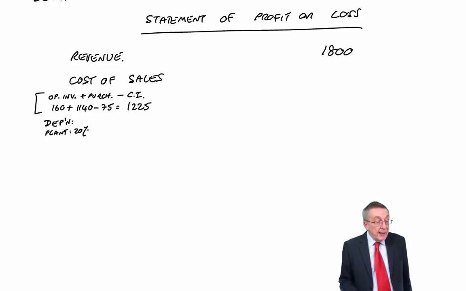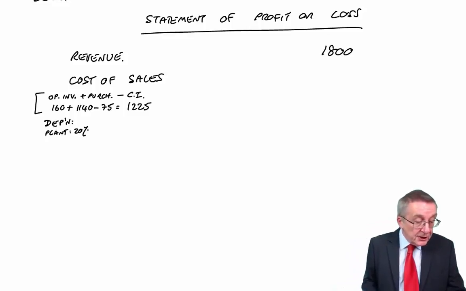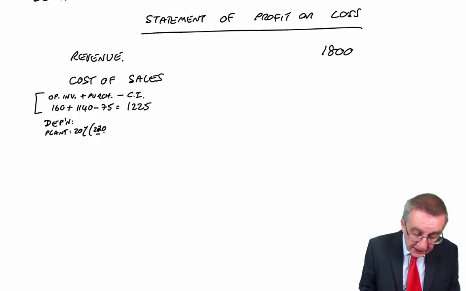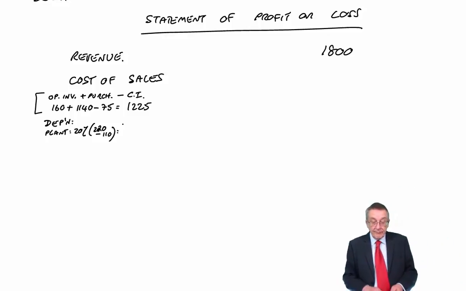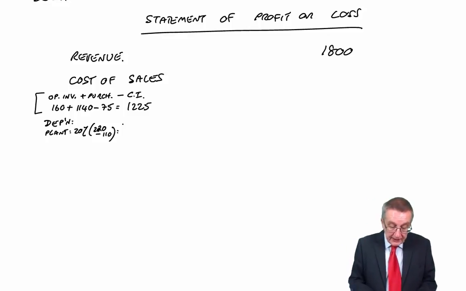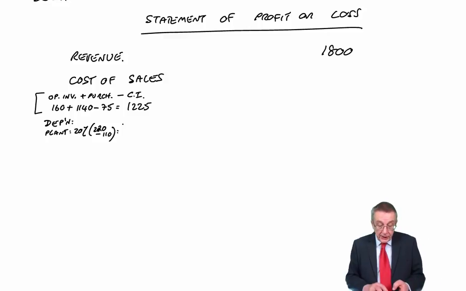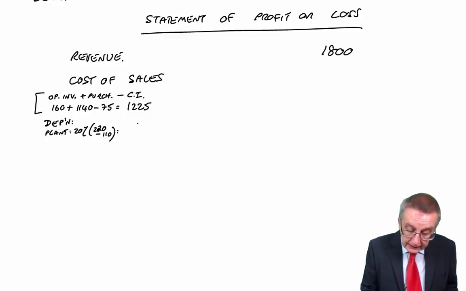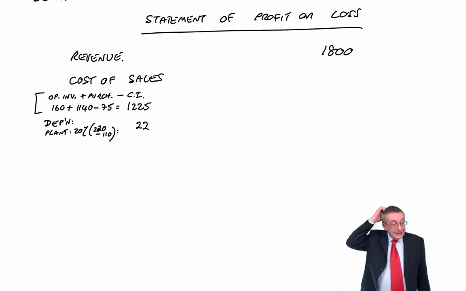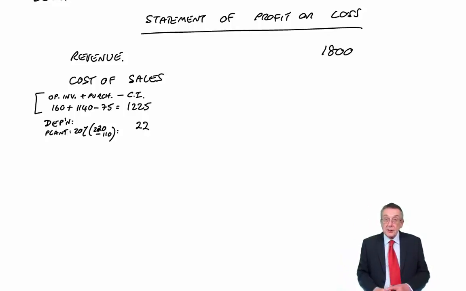So reducing balance is cost less depreciation. From the trial balance, cost is 220, depreciation so far is 110. And so the carrying value is 220 minus 110, 110. This year's depreciation, 20% of that is 22. So I'll say that's an extra cost of sales.